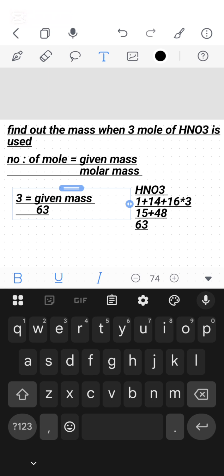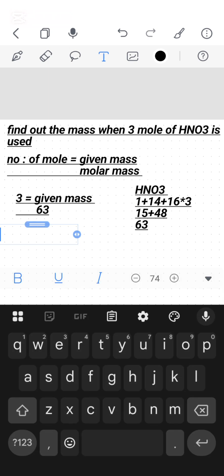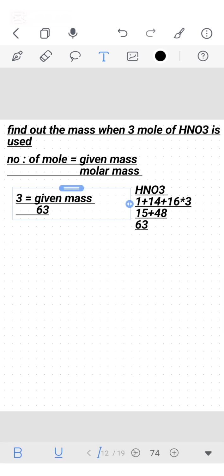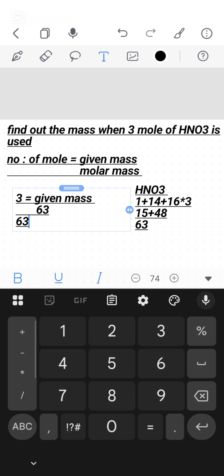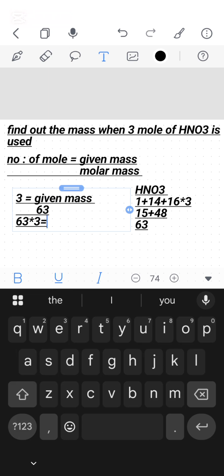Okay, so you may clearly see that the molar mass is in the divisor, so we send it to the other side, where the number of moles is, to multiply with it. So it will be 63 multiplied by 3 is equal to given mass.